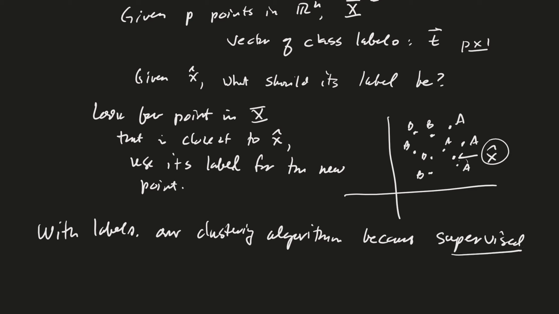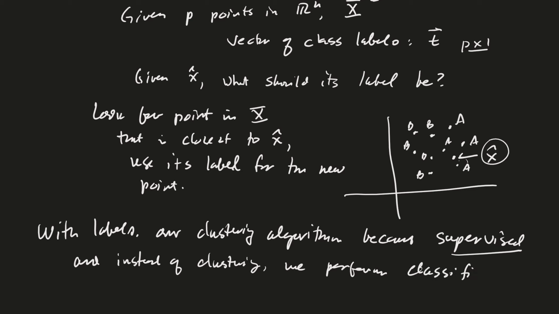And rather than doing data clustering, we're actually doing classification. And instead of clustering, we perform classification. And of course the classes, right, are the cluster memberships. And so this is supervised, whereas before, remember, we had an unsupervised learning task.